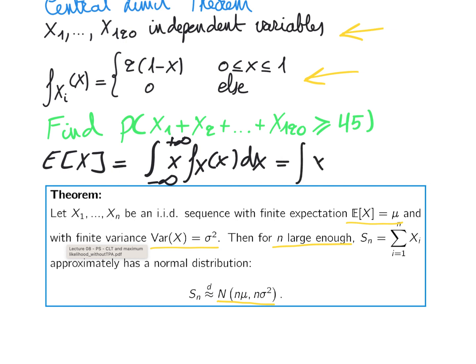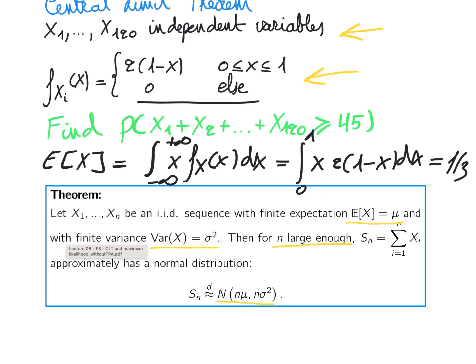So right here we get x times 2 times (1 minus x) dx, and we can use the boundaries 0 and 1 because whenever x is smaller than 0 or larger than 1, then our density function is 0 anyways. So this is the integral that we need to compute. Quite a simple integral. If you would solve it, you would find 1 over 3. And so that's the expectation of all variables, x1, x2, up until x120.